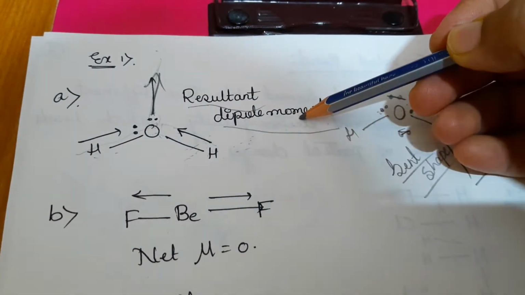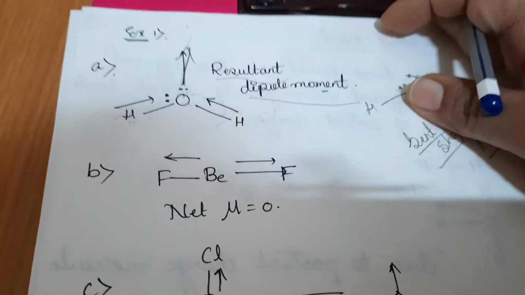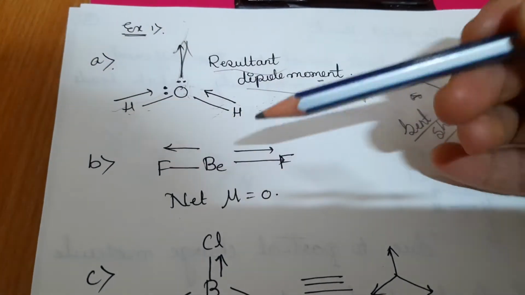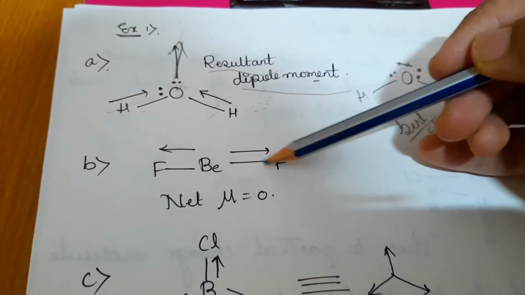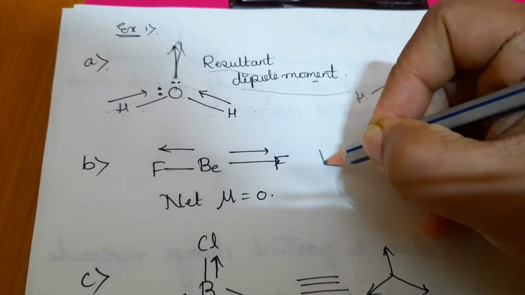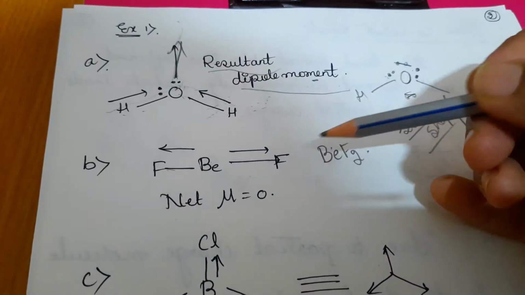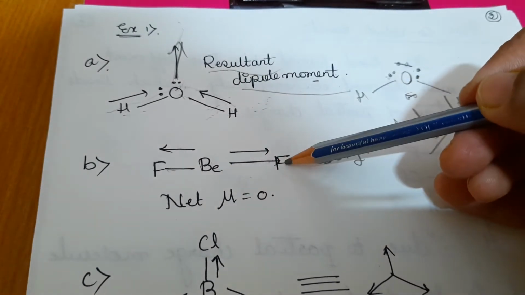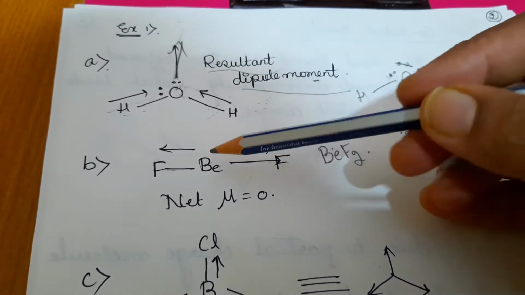Some of the molecules are such that they show a resultant dipole moment of 0. Can you see here? We have beryllium fluoride, BeF2. When you consider this molecule, fluorine will be taking the electrons away from the beryllium.